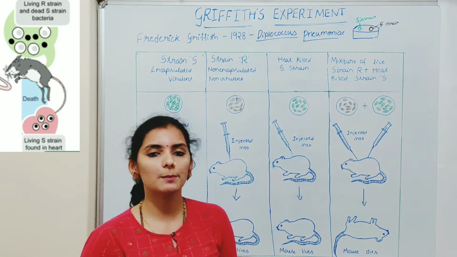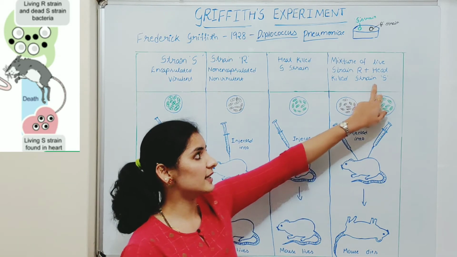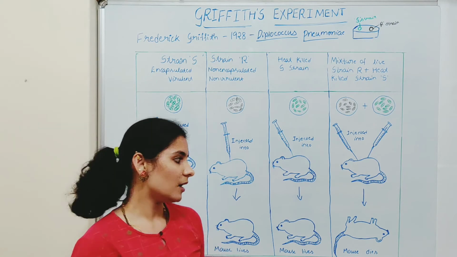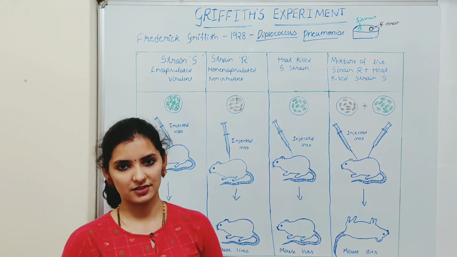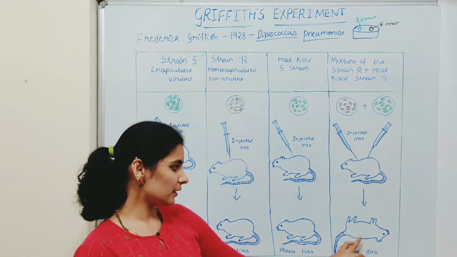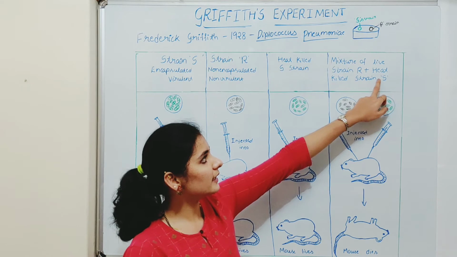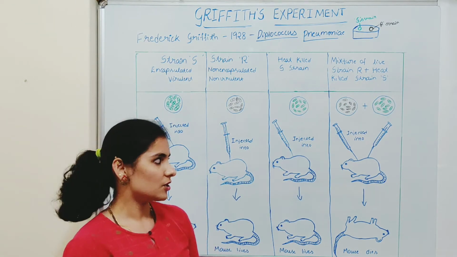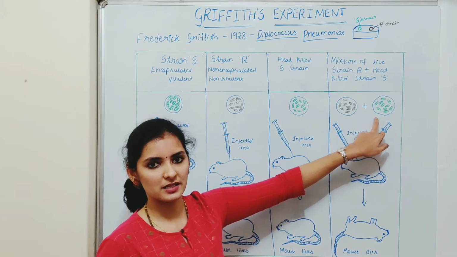That is what surprised Griffith, because he injected heat-killed S strain. He did not inject live S strain, but the blood of this dead mouse had live S strain. From this experiment, he concluded that something from the heat-killed S strain is transferred to the R strain. That something he called the transforming principle.